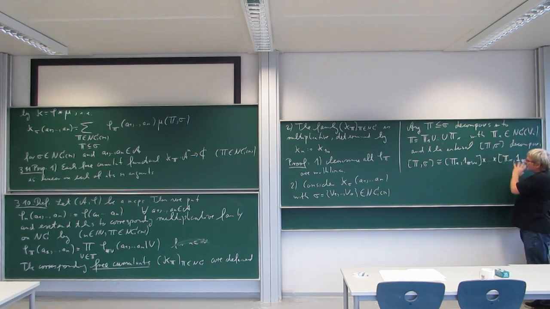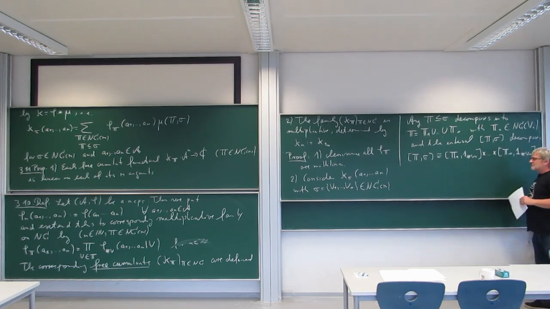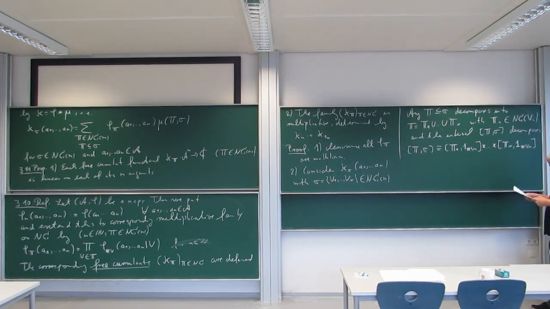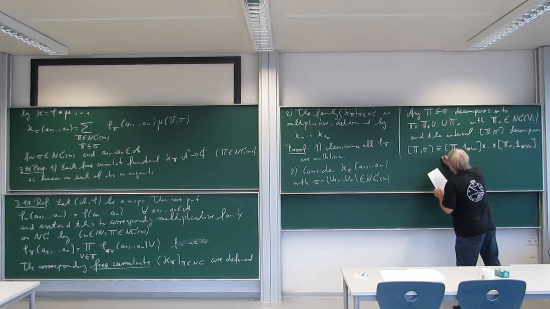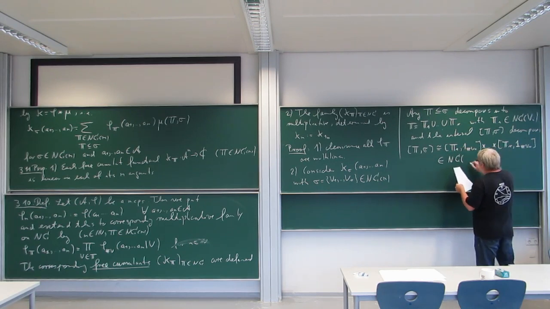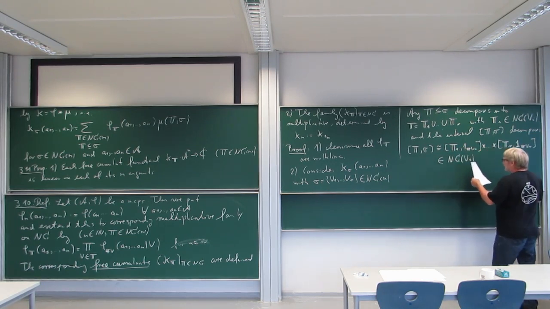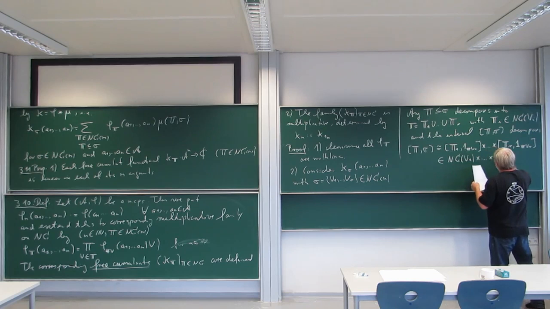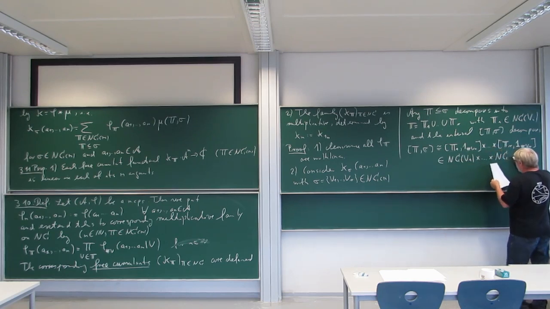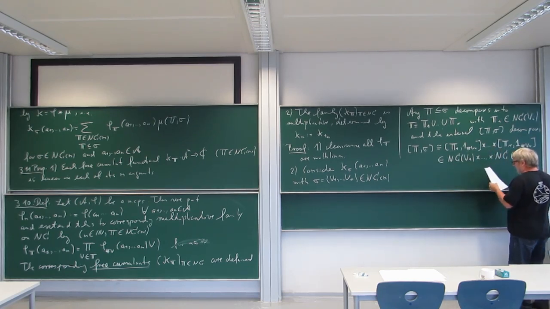If I have a product of posets, then of course the partial order is a component-wise partial order. All of them have to respect the order. So this interval factorizes into this, which is an element in the non-crossing partitions of V1 times and so on, non-crossing partitions of VR.